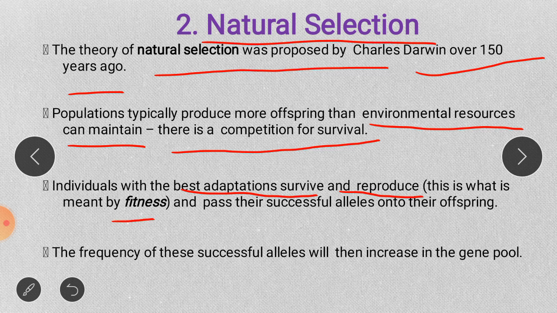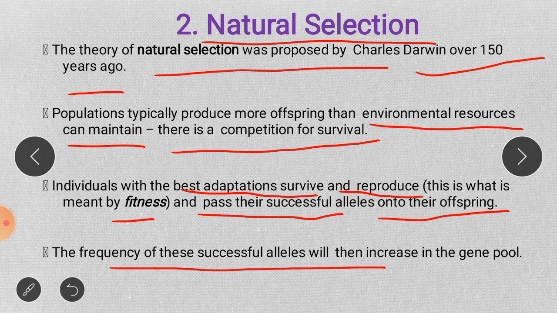Okay, so an individual which has the best adaptation or adaptability is able to survive and reproduce and pass their successful alleles on to their offspring. So whatever alleles they have, they are going to pass to the next generation, and therefore we will get an increase in frequency of this successful allele in the progeny or offspring, an increase in the gene pool.